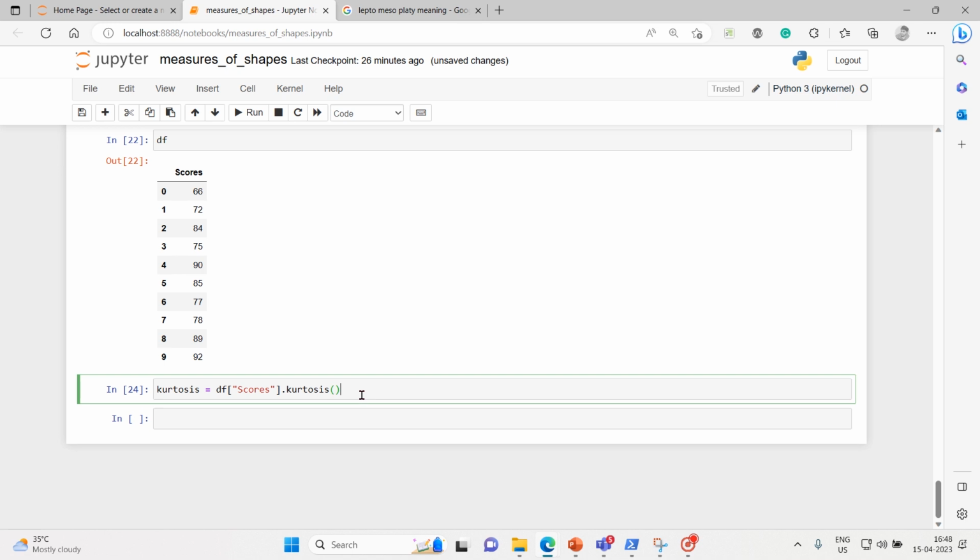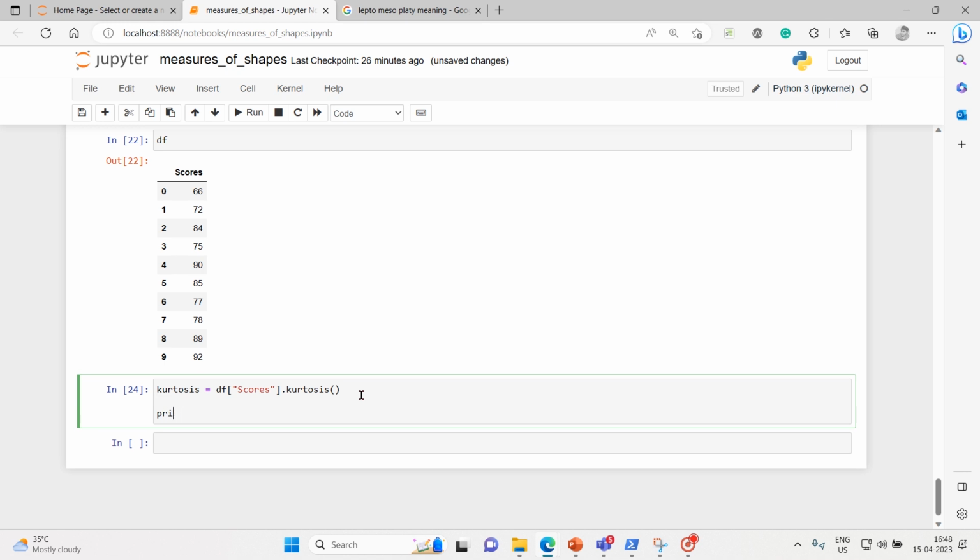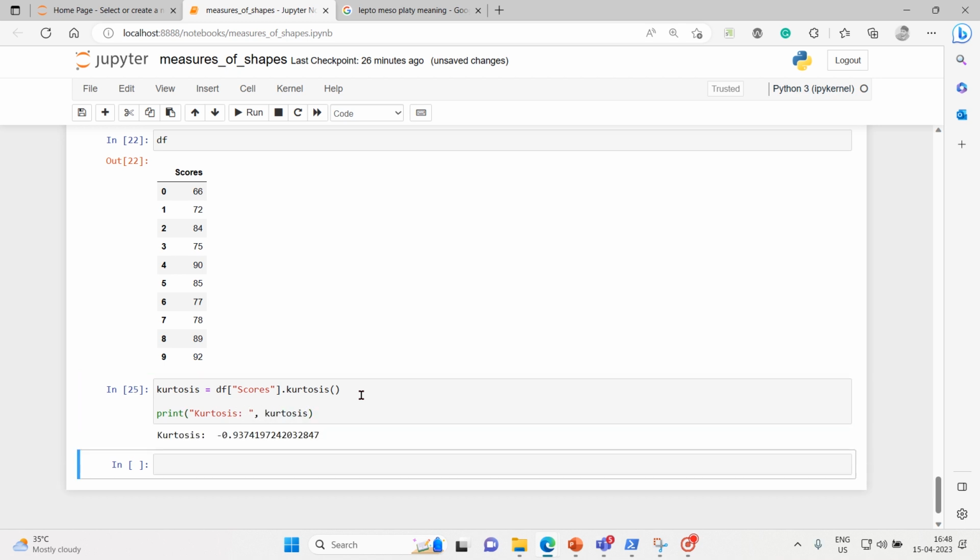The kurtosis has been calculated. Now let me check the degree of kurtosis using the print operation. Print kurtosis, and it's minus 0.9374. The degree of kurtosis is negative.